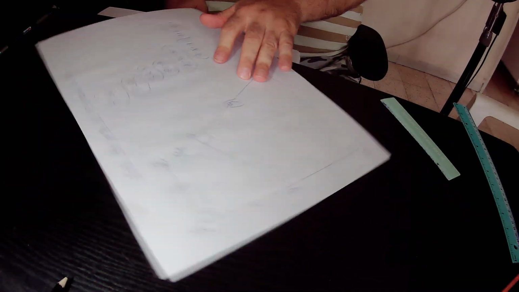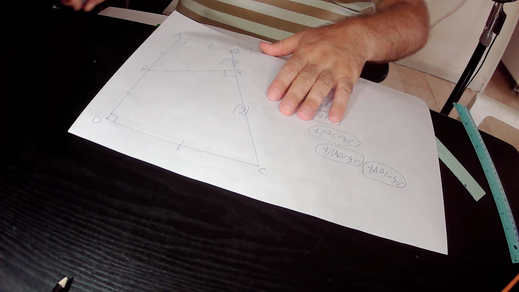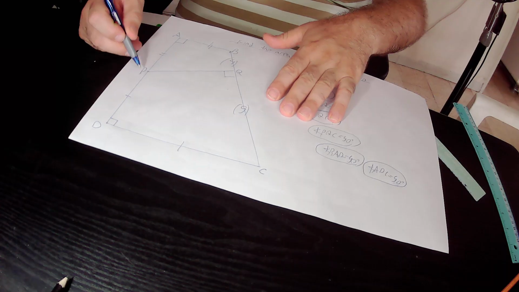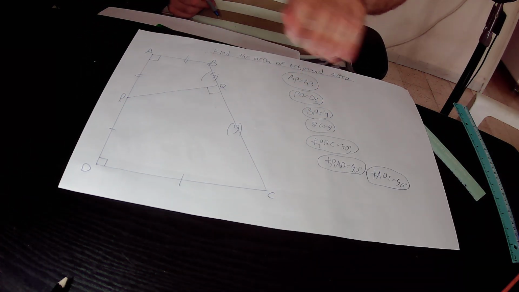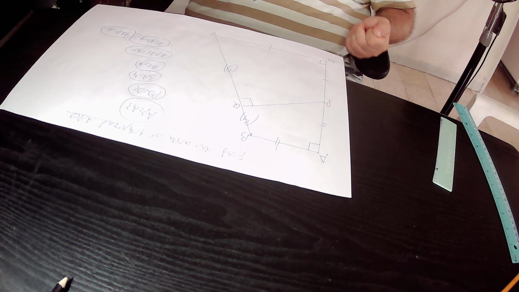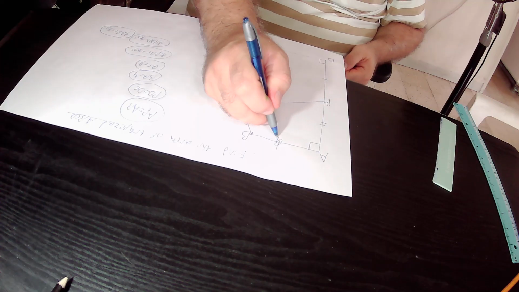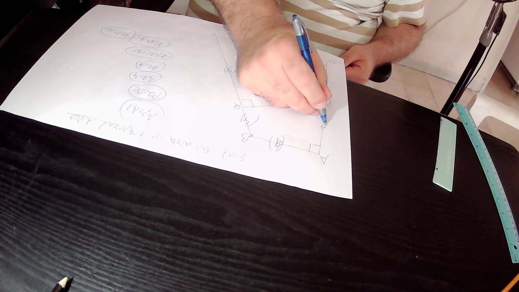So, first of all, we know that AP is equal to AB. So if we define the length of side AB as A, that is to say side AB equals A units in length, then side AP must also equal A because they are equal to each other.